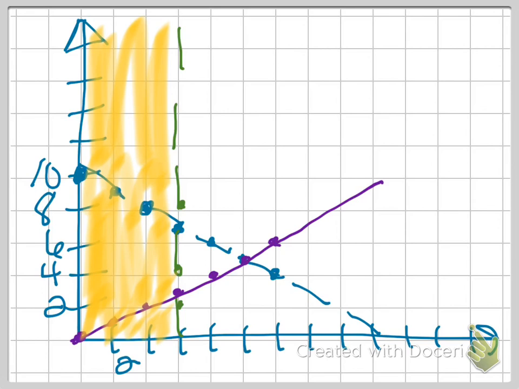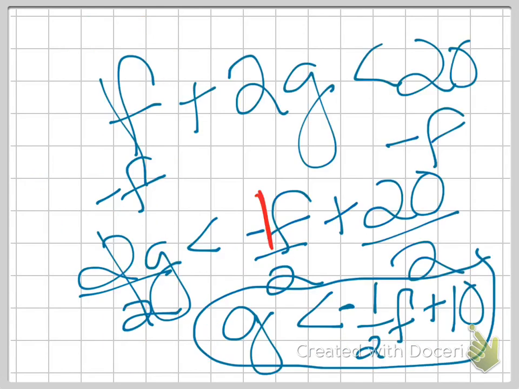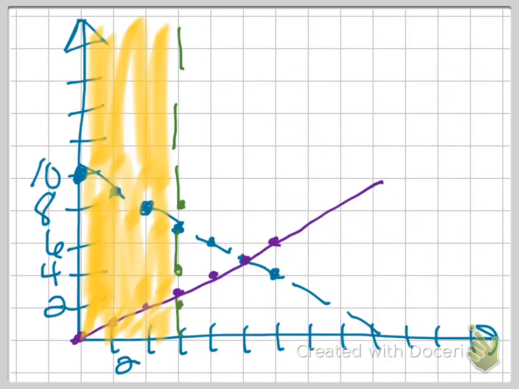Now let's start with our other dotted line. That equation was G is less than negative 1/2 F plus 10. So where am I going to shade that one? Below. Good. All right. Looks like I've got an answer forming here.